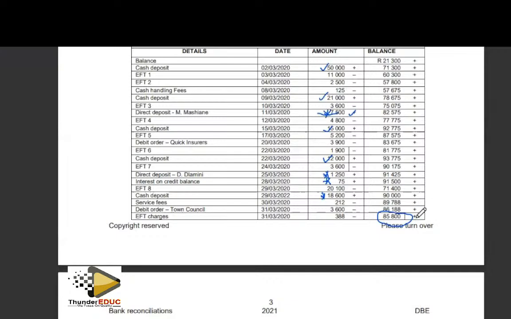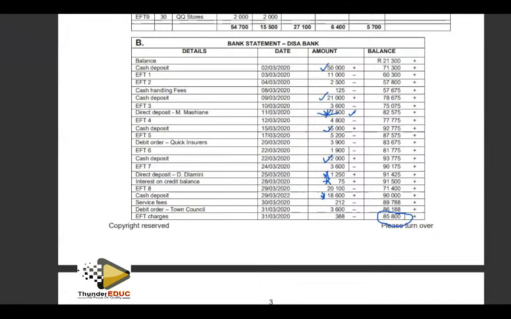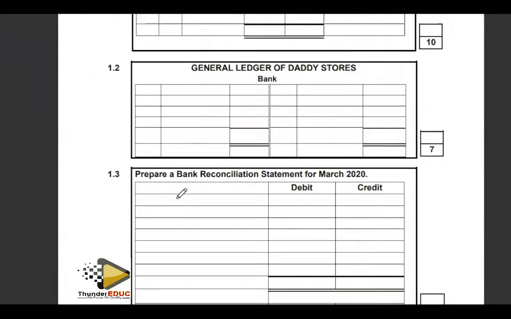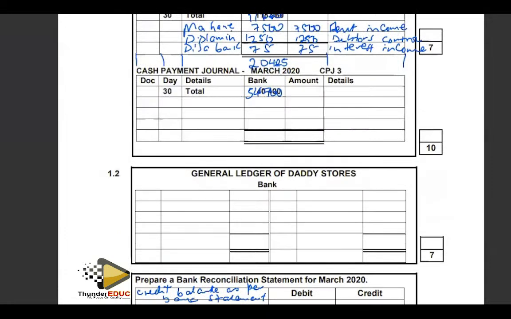If it's a credit balance, this is what you start with here in the BRS, okay? So we are going to say credit balance as per bank statement. Sorry, I'm writing in the wrong part.